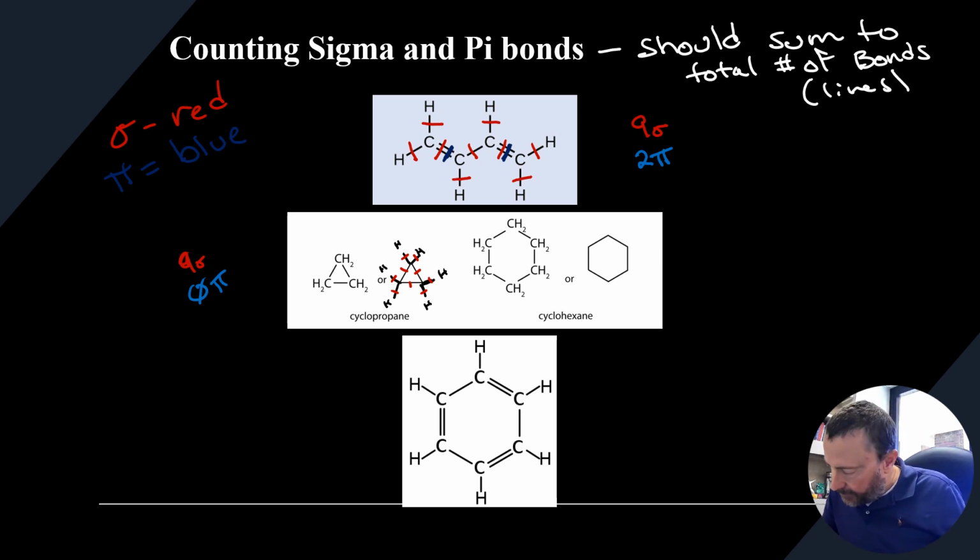Same thing here with our cyclohexane. Each one of those also has 2 hydrogens in there. So again, it has 1, 2, 3, 4, 5, 6, 7, 8, 9, 10, 11, 12. And then I'm going to count 13, 14, 15, 16, 17, 18. 18 sigmas and no pi bonds.